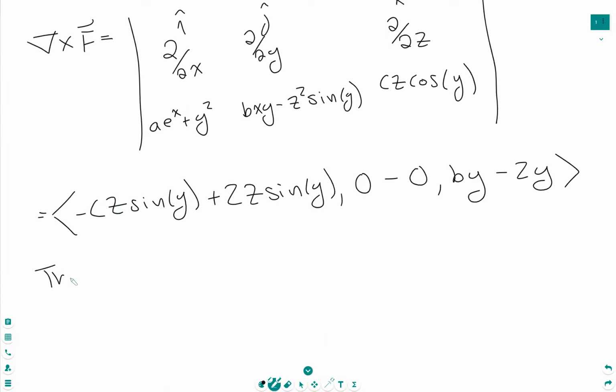So thus, we have that b is equal to 2, c is equal to 2. And is there a constraint on a? Well, we look at this. There's no a that actually comes out in this curl here. So it doesn't matter what a is. As long as we have b equal to 2 and c equal to 2, then F is a conservative vector field. So we can say that a is some number in the reals.